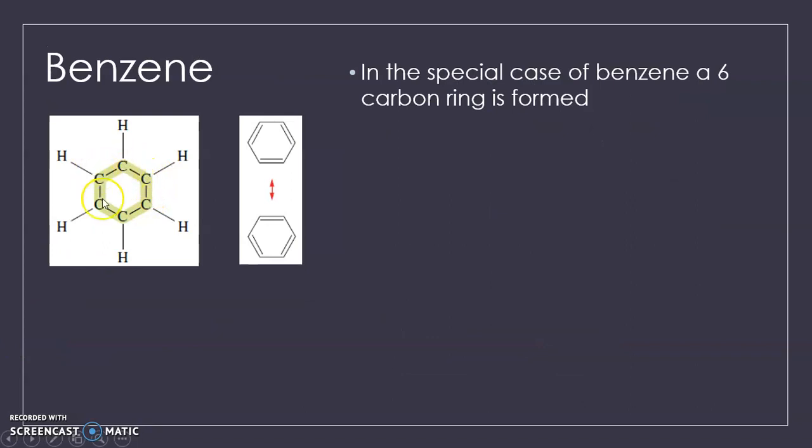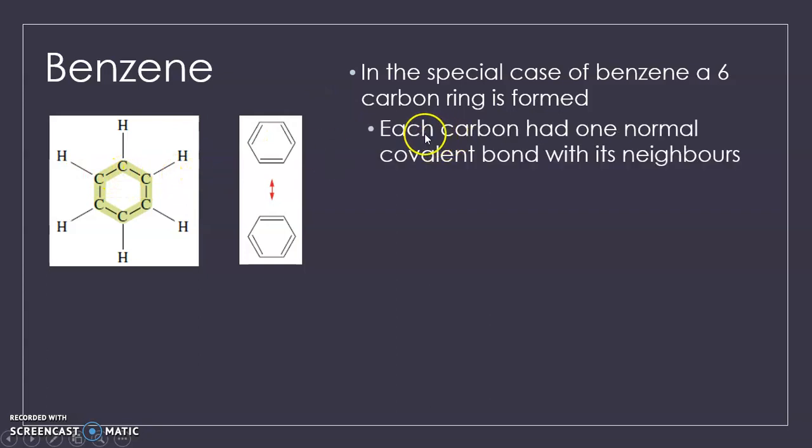6 carbons can also form a very special ring that we name benzene. Okay, so how is benzene different from cyclohexane? Each carbon in the benzene ring has 1 normal single bond with each of its neighbors.